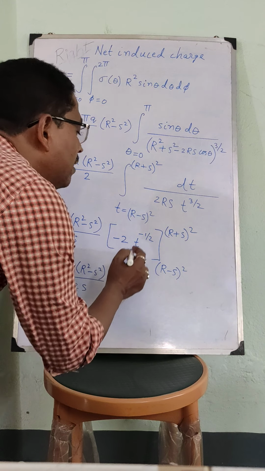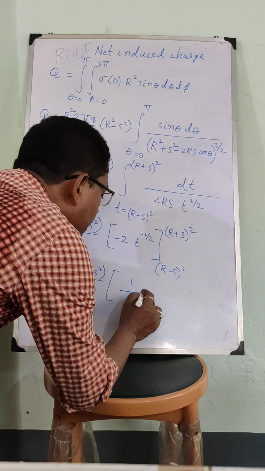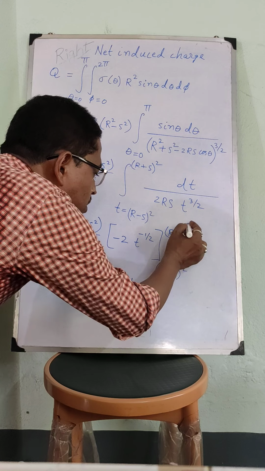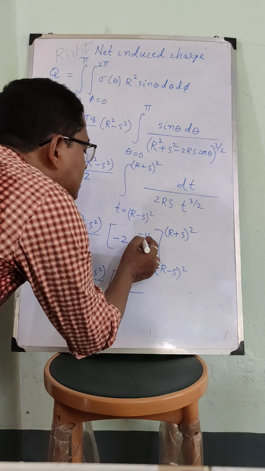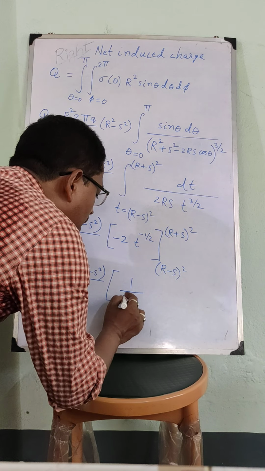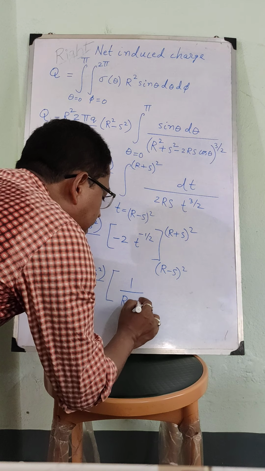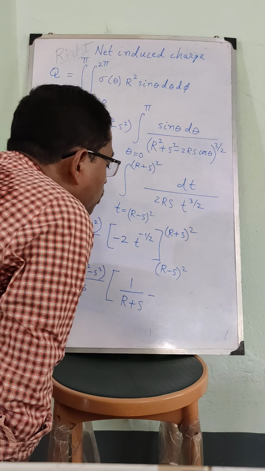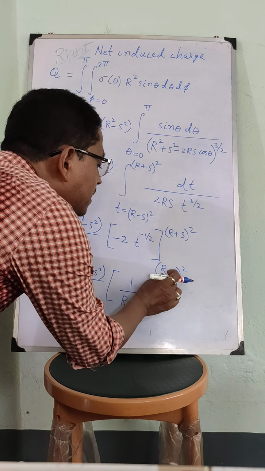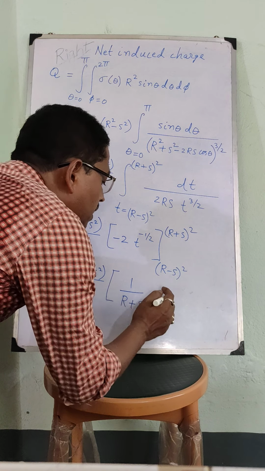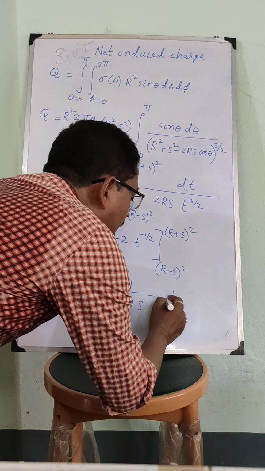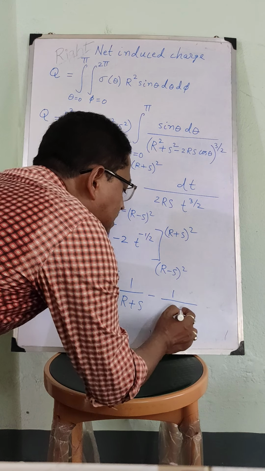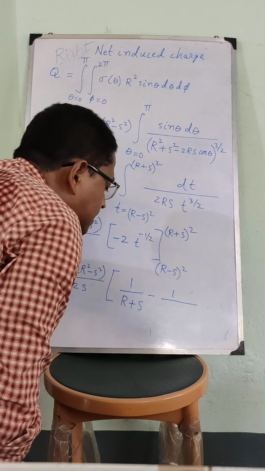Here I have r plus s whole square and it is t to the power minus half, so I have 1 by r plus s minus, now I will have to put, I can put it as s minus r or r minus s.